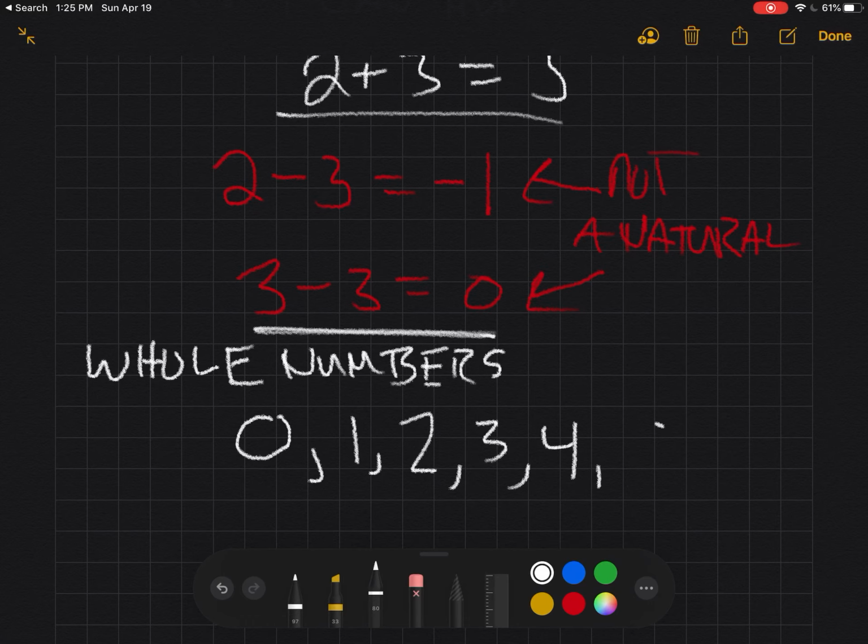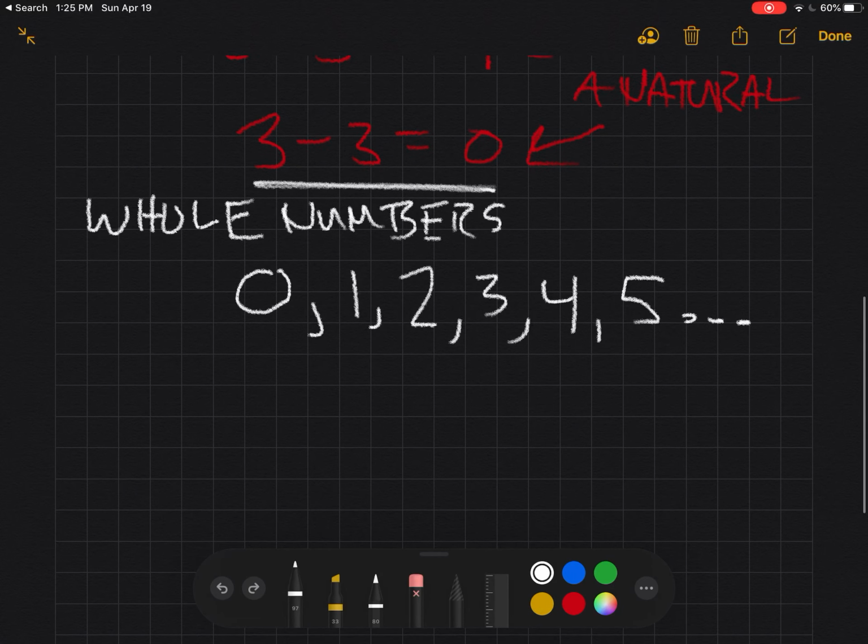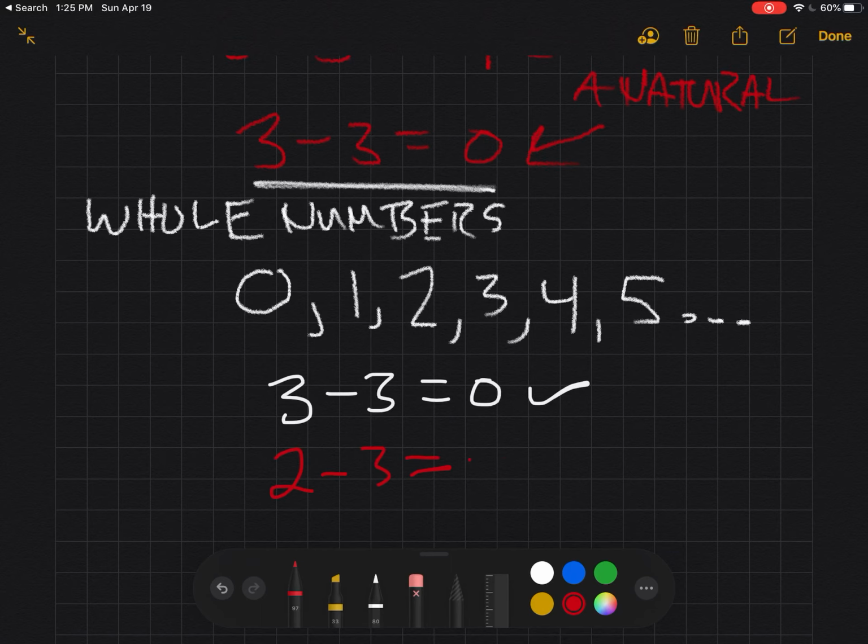So then there's two different kinds of numbers that can address that problem. So whole numbers save us from this issue, 3 minus 3. And whole numbers, we just add 0 in. So notice these 1, 2, 3, 4, 5, into infinity, those are all natural numbers.